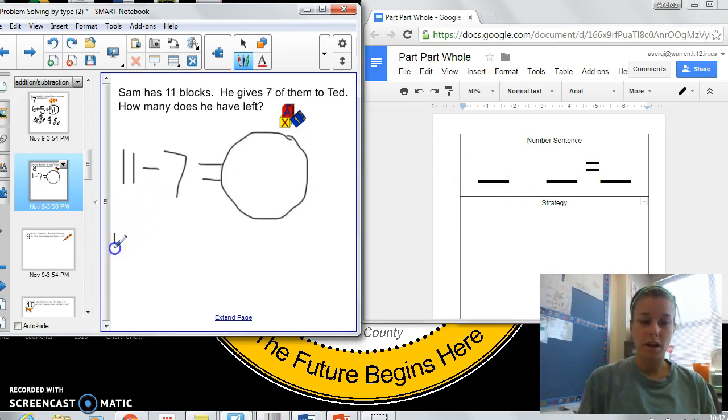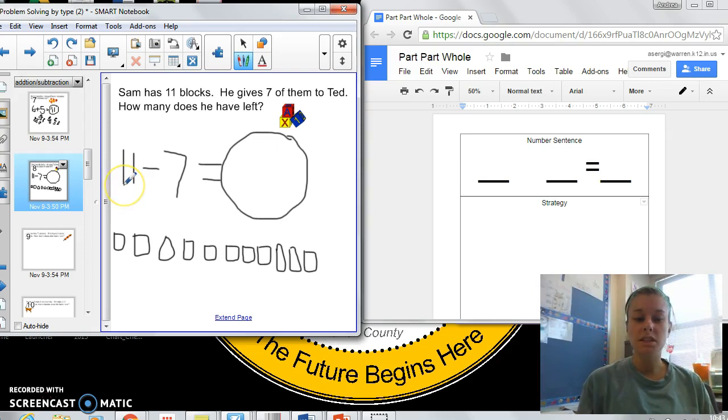So I'm going to draw my 11 blocks. Again, my blocks do not have to be perfect. I'm going to make sure I drew 11. 1, 2, 3, 4, 5, 6, 7, 8, 9, 10, 11.